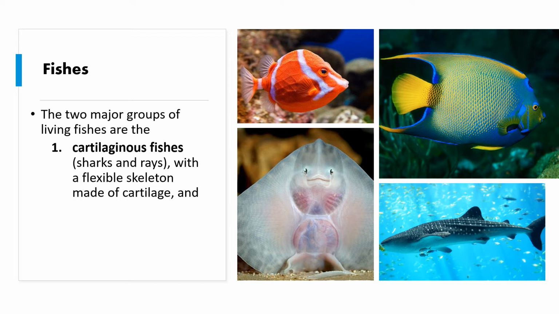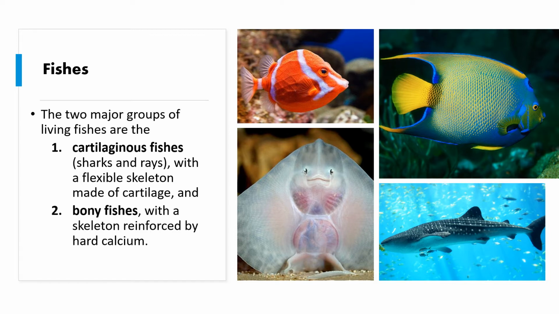So instead of having bones like we do, they have cartilage. You can feel the tip of your nose or your ear, that's cartilage. The sharks and rays have skeletons made out of that flexible material.